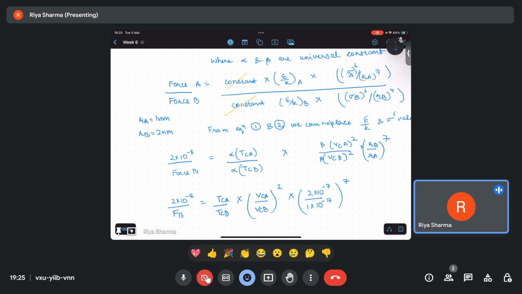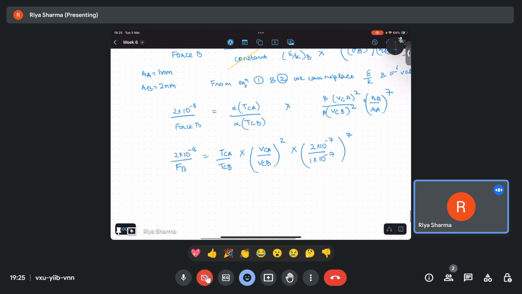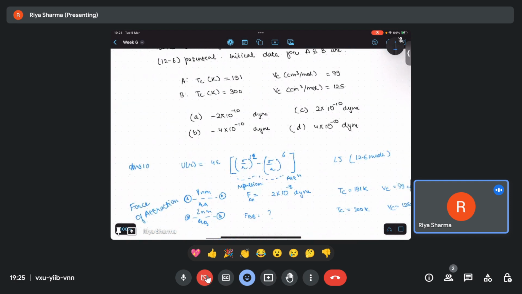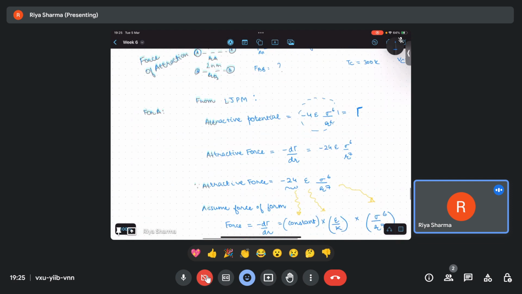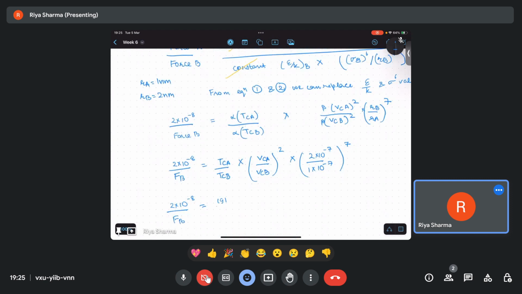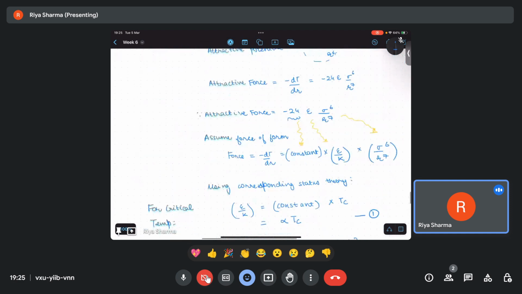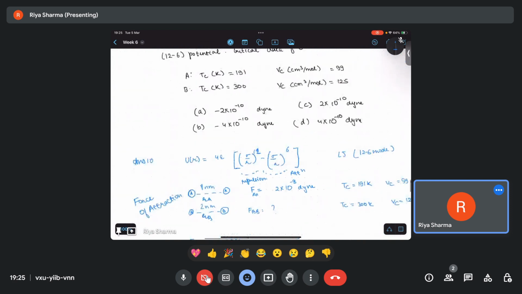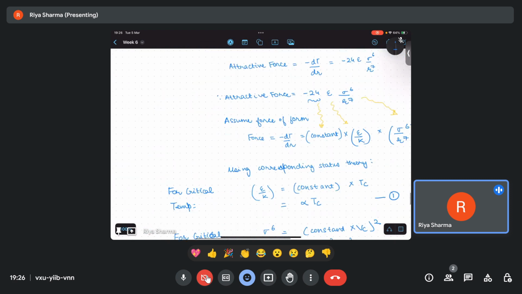Now F of A, 2 into 10 raised to the power minus 8, by F of B. Let's write the Tc of A and Vc values: 191 by 300 into Vc of A by Vc of B, that is 99 by 125.